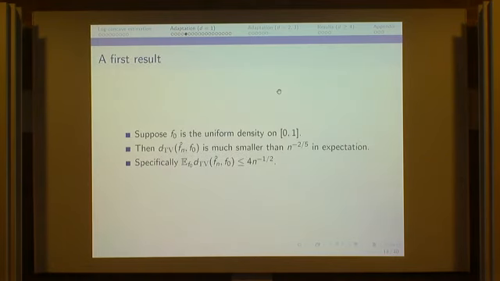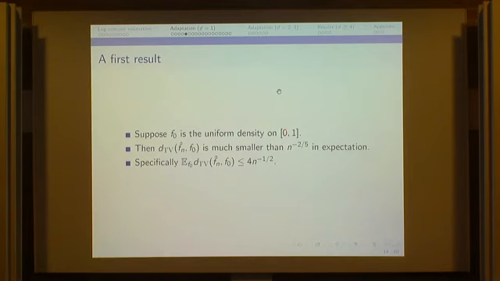So with this strategy, we found a very interesting result. Suppose our density was actually uniform on 0, 1. Then what we found is that the total variation distance between f n hat and the truth is again much smaller than n to the minus 2/5.